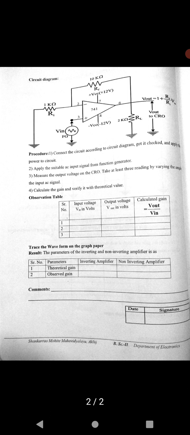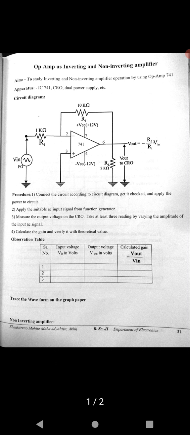This theoretical gain is verified by the observed gain. For both the inverting and non-inverting amplifiers, we observe that the gain is the same as or similar to the theoretical gain. In this way this experiment was successfully done in our laboratory.